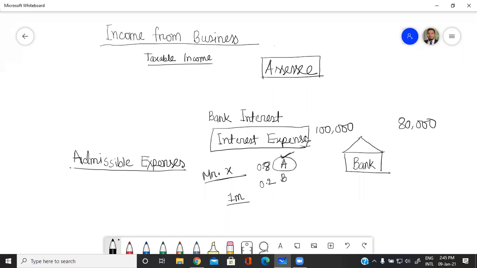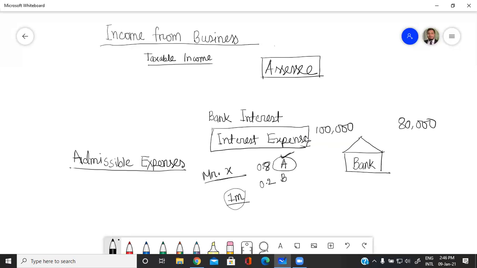I will not repeat from the very beginning, but I just like to mention that you have taken a loan from the bank amounting to 1 million, mentioning that you will use this loan for business A, or you may have mentioned that you will use this loan for a specific asset, say asset A. But in reality, if you have not used that total loan for that project or asset or business you mentioned in the loan agreement, you have used only a proportion of the total loan for the mentioned purpose.